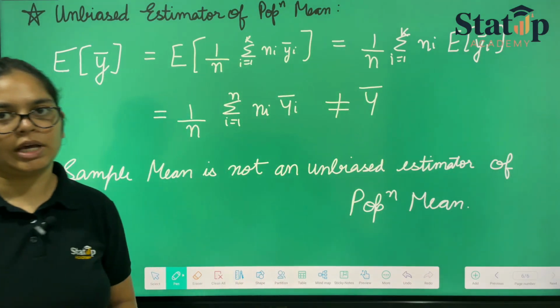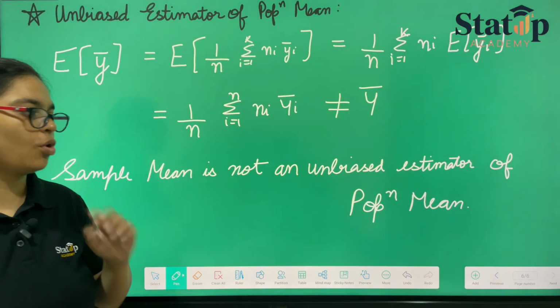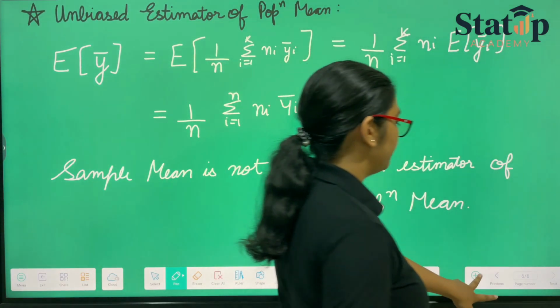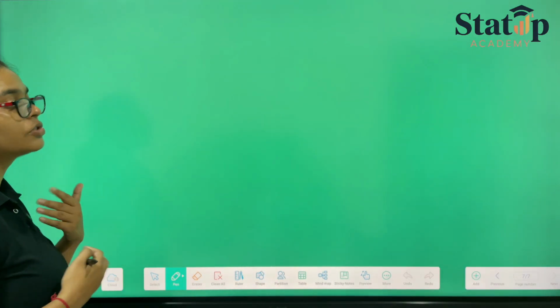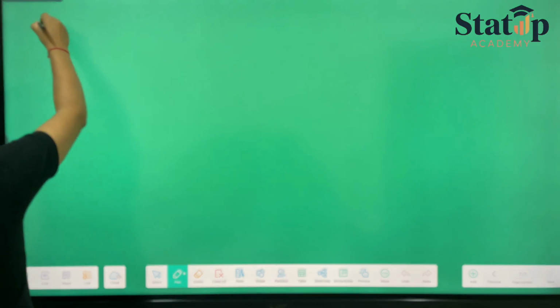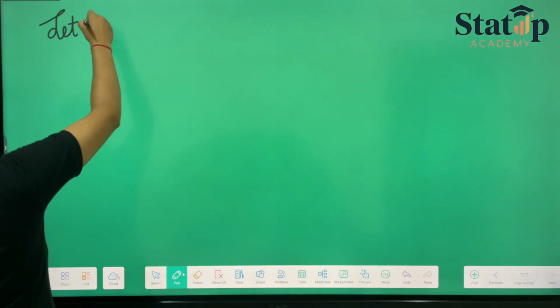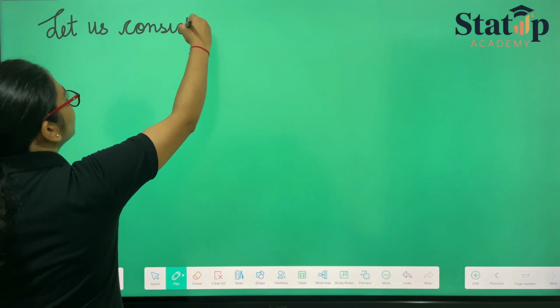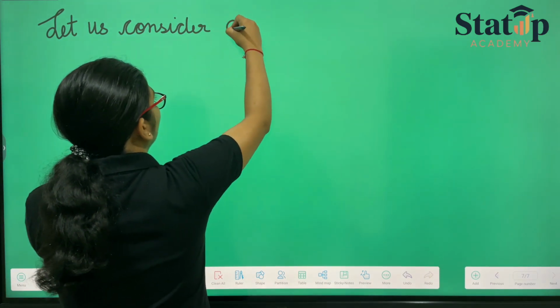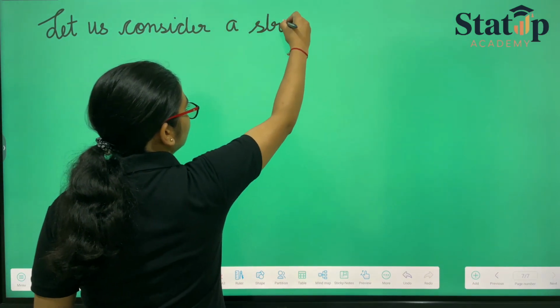Now it is not an unbiased estimator of population mean. So what is to be done? We will take another mean, the sample mean, or we can say the stratified mean. Let us consider a stratum mean.